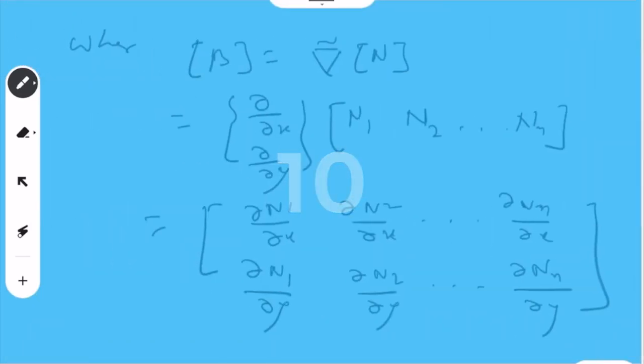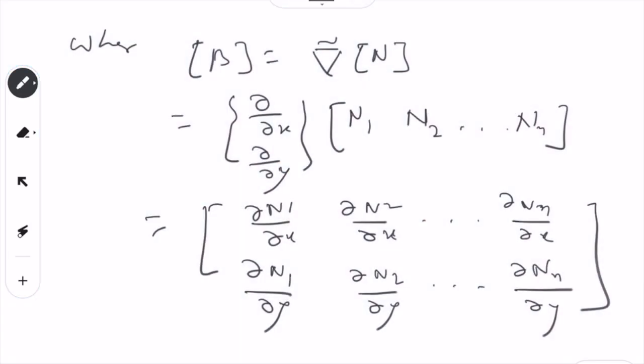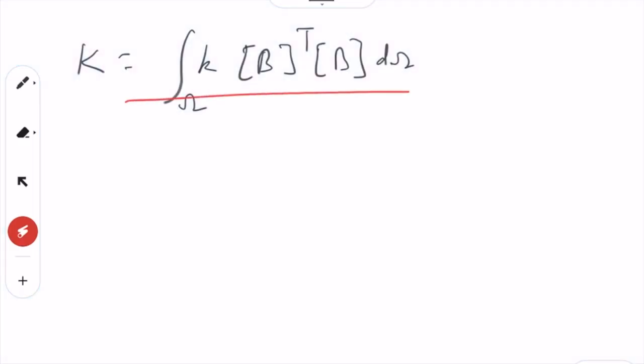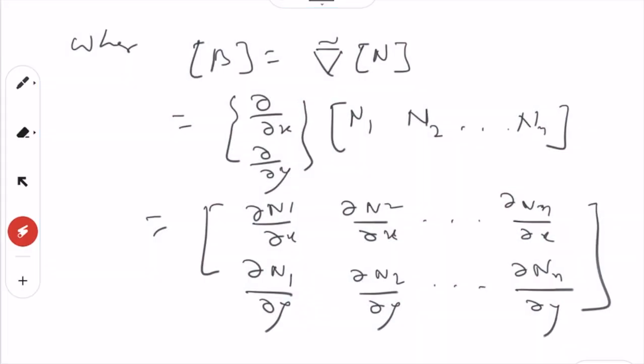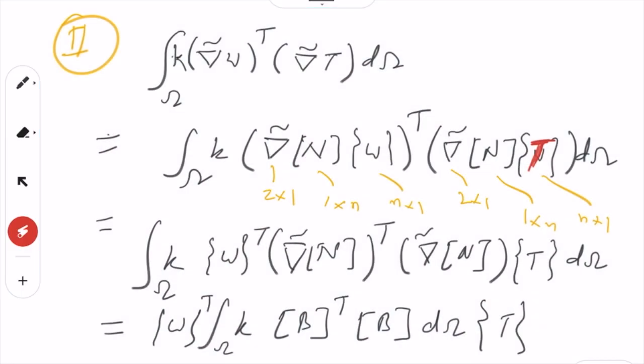Okay, this kind of formulation we also had in 1D. So from there we remember b to the power t b. So we have like this. Next is number 3.